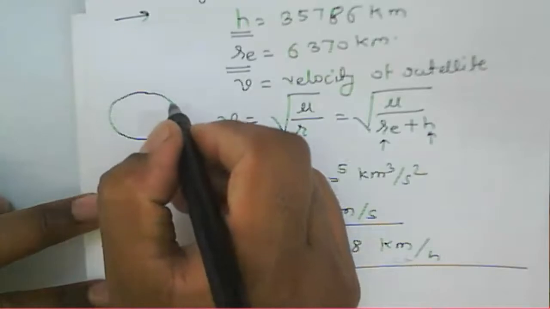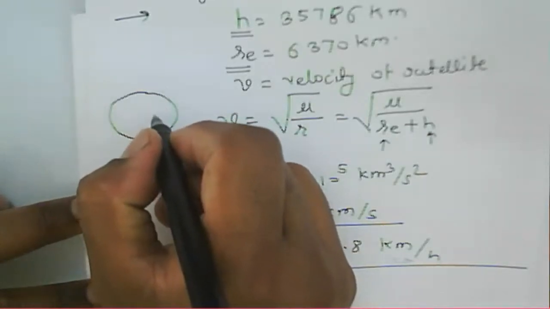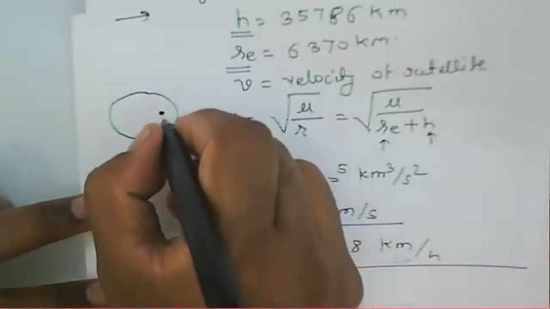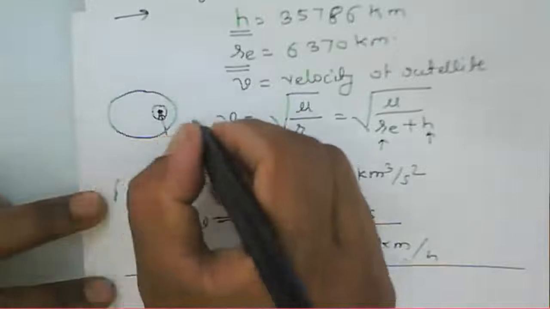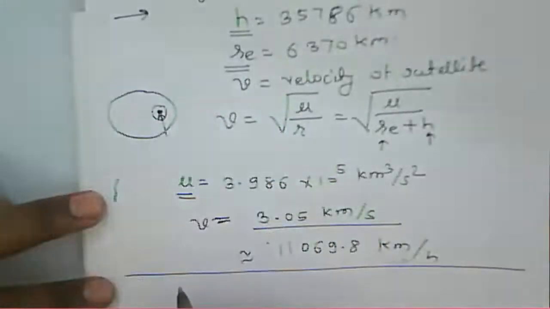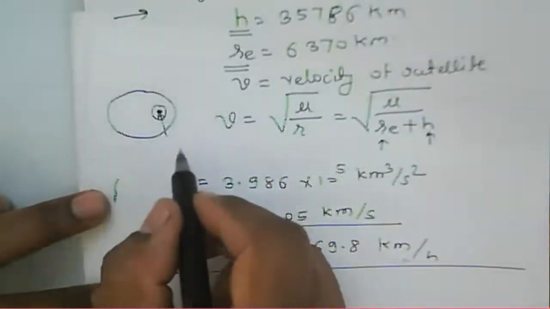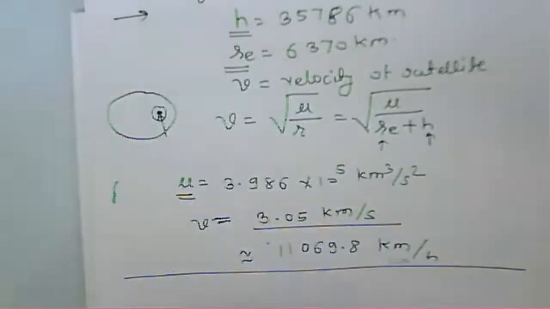It will have an elliptical orbit, and the Earth will be lying at one of the foci. So that is a focal point. Here we can say this is the Earth, and this one is the satellite. That is the law of orbit, meaning the path of every planet will be elliptical.